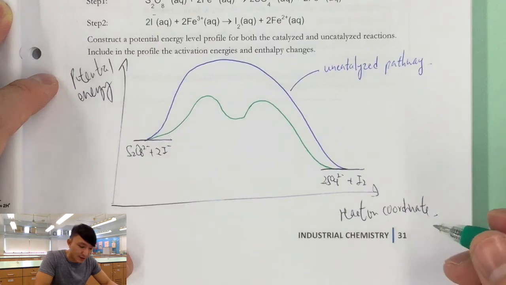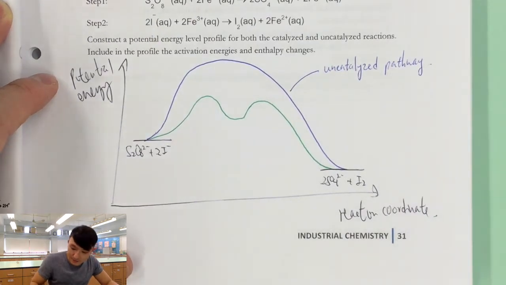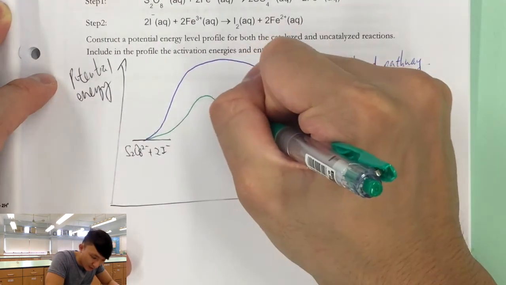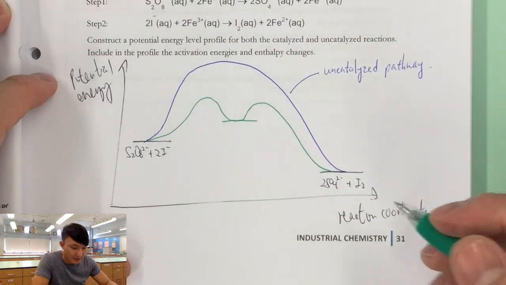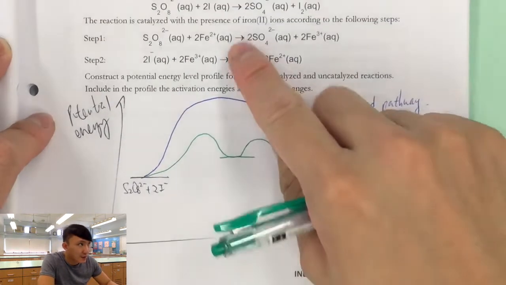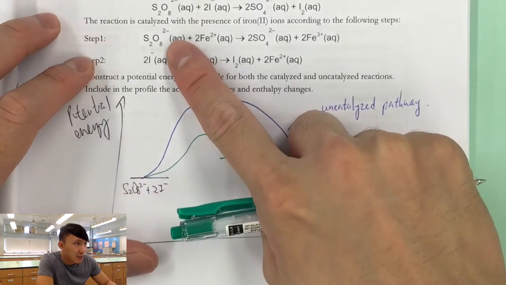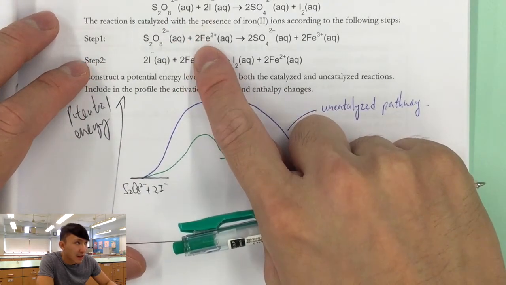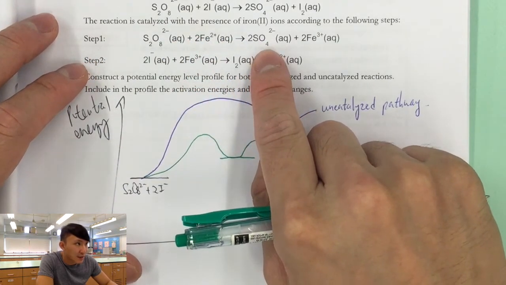Here we have the intermediate state. Now at the intermediate state, what do we have? You have to follow the steps. You notice that S2O8 2 minus and Fe2+ react to form SO4 2 minus.